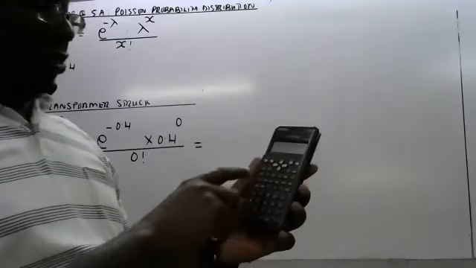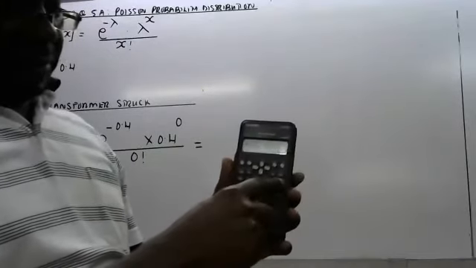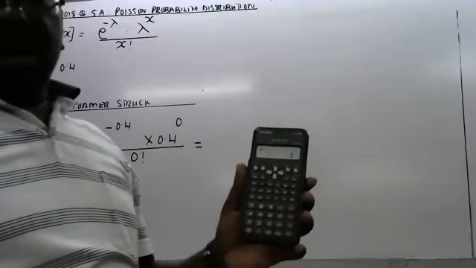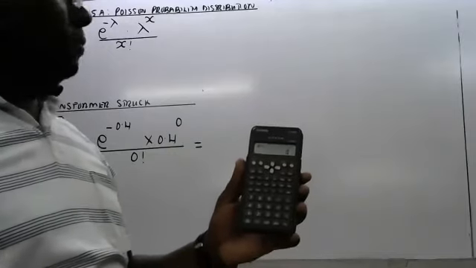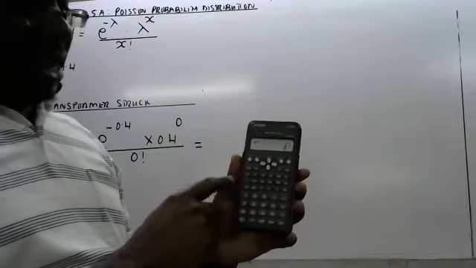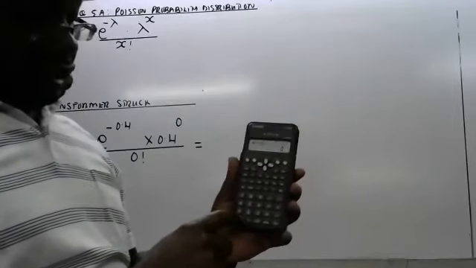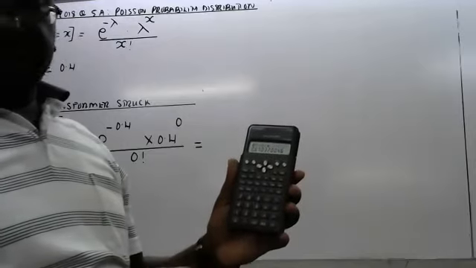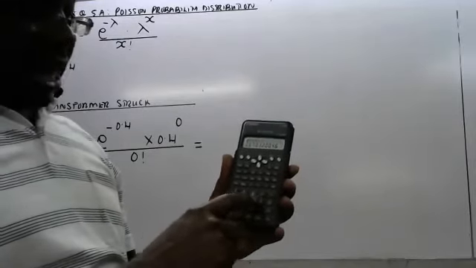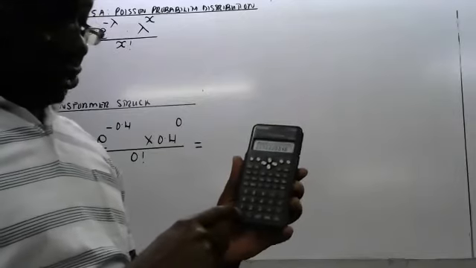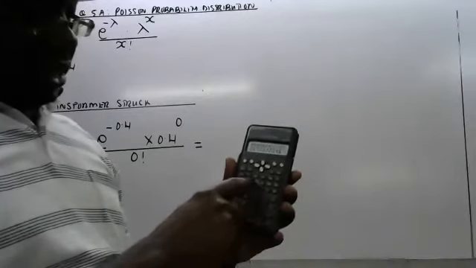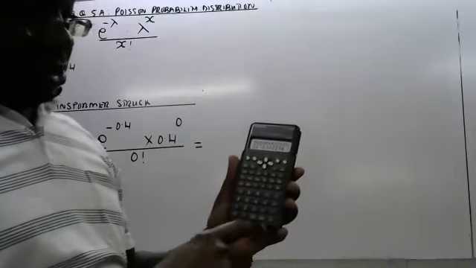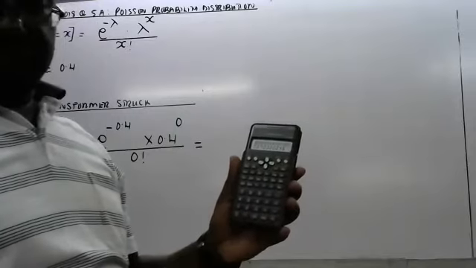So let's start. You say shift E, so you have E on the screen. Then you press minus 0.4, first you say equals. Then you say times 0.4 raised to power 0, you say equals.